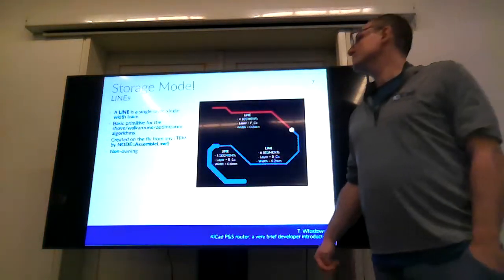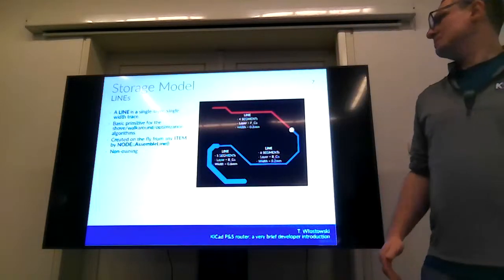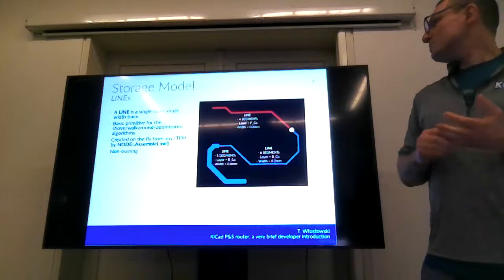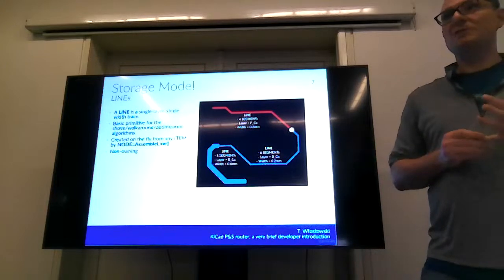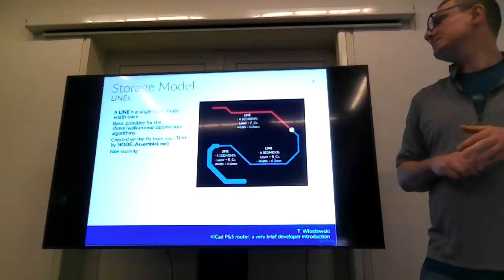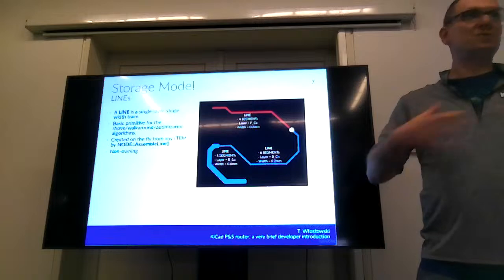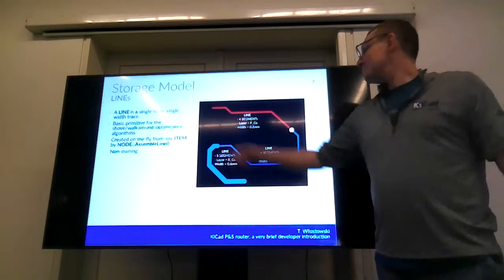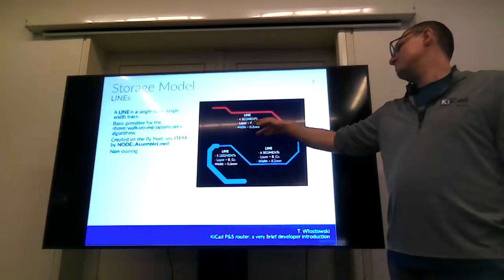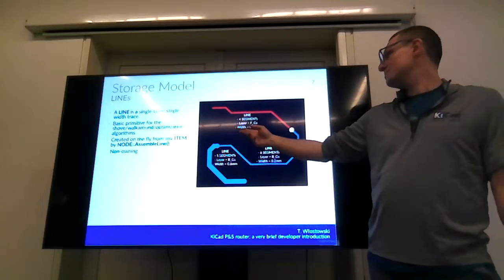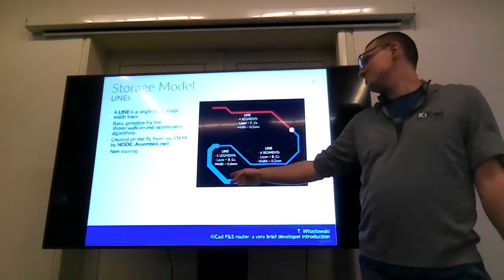So I mentioned the line object, which binds together several geometric primitives into something that looks like a trace. In our router, it's a single layer, single width trace that can consist of segments and arcs of altogether the same width. So here we have some sort of a more complex trace that consists of 4 segments on front copper, 6 segments on back copper, and then another one with a bunch of segments.